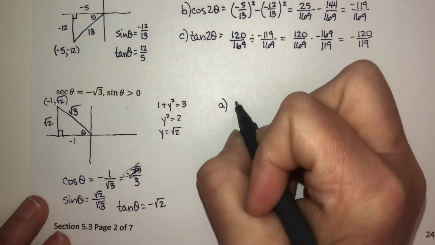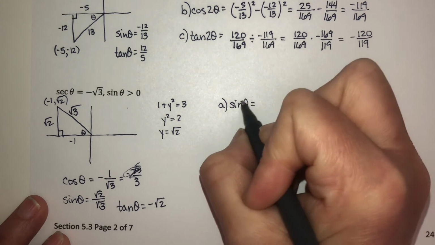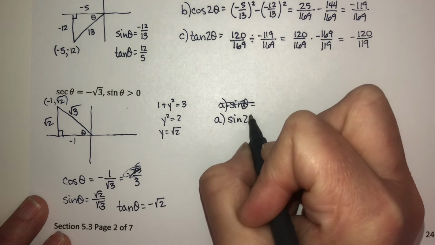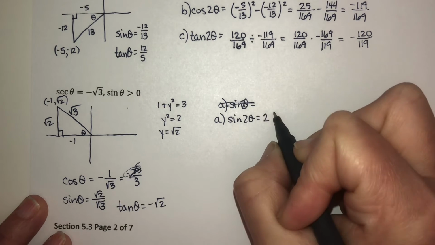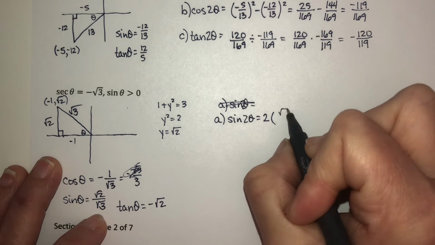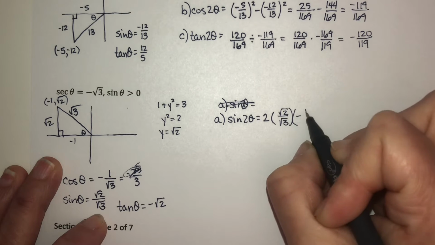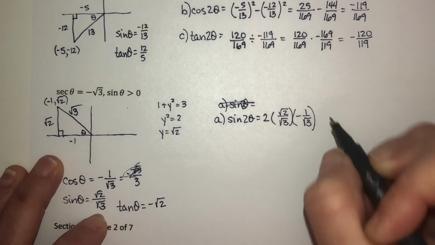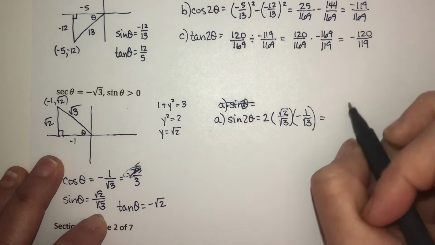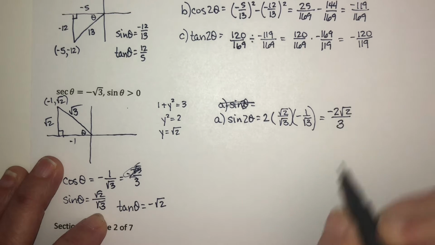Okay, so sine of 2 theta, sorry, start over again. A is sine of 2 theta. This is 2 times sine times cosine. So I end up with negative 2 times the square root of 2 over 3.